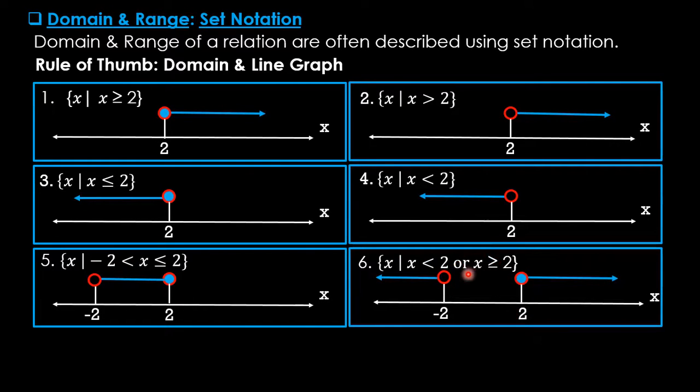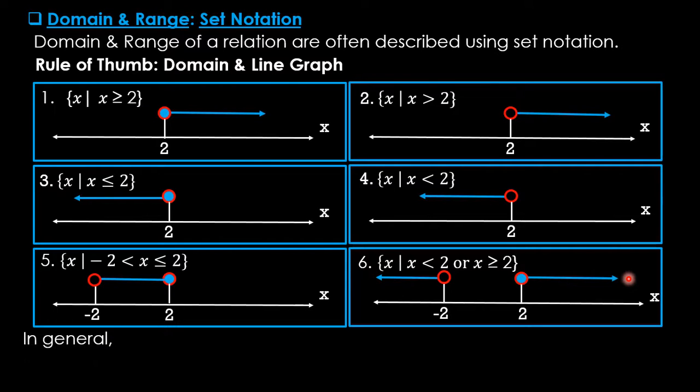In this case, x less than 2 is not a solid circle and goes in the negative direction, whereas x greater than or equal to 2 is solid. So this is not a continuous line graph, this is discrete. x less than 2 is indicated on this side, and x greater than or equal to 2 is indicated here.